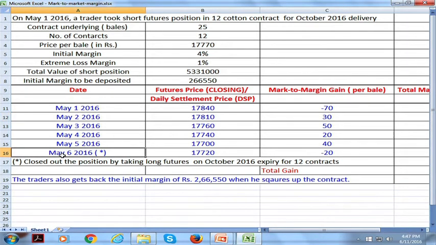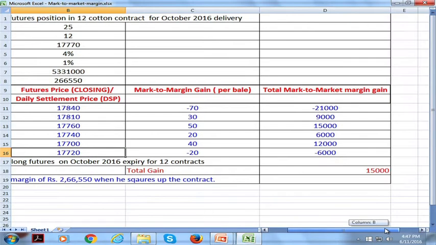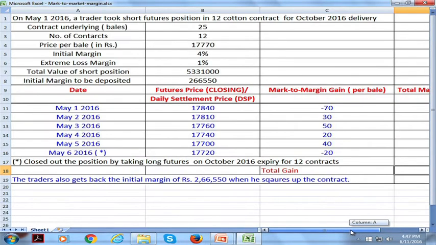Suppose on May 16, 2016, the cotton producer squared up its position. If we sum all this total mark to market gain or loss, he has gained 15,000 rupees on all these 12 contracts, and the day he squares up his position, the cotton producer gets back the initial margin of 2,66,550 rupees that he had deposited. So this is an example of how mark to market margin is calculated.